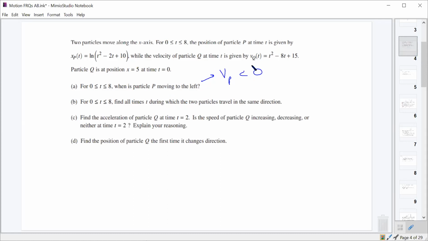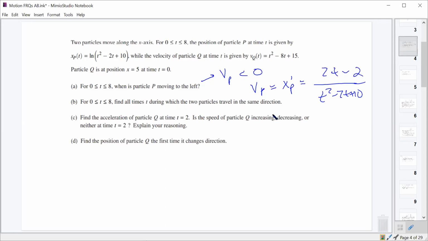Well, we don't have a velocity function for particle P, so we need to find v sub P, which should be the derivative of the position of particle P, which should be the derivative of natural log of t squared minus 2t plus 10, which is just 1 over t squared minus 2t plus 10 times the derivative of t squared minus 2t plus 10, which is 2t minus 2.